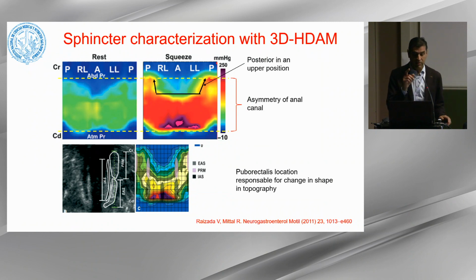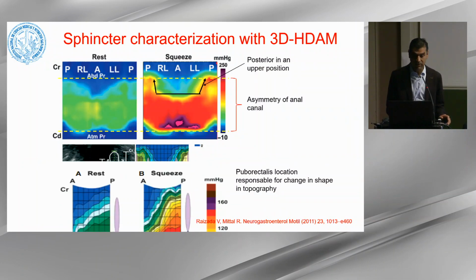With this ultrasound, we can see the location of the puborectalis, the external anal sphincter, and the internal anal sphincter. Making this interpolation, we can see the contribution of each to the pressure plots. The puborectalis is located precisely in the posterior and upper part of the anal canal, and gives more of this asymmetry in this component of the anal canal.